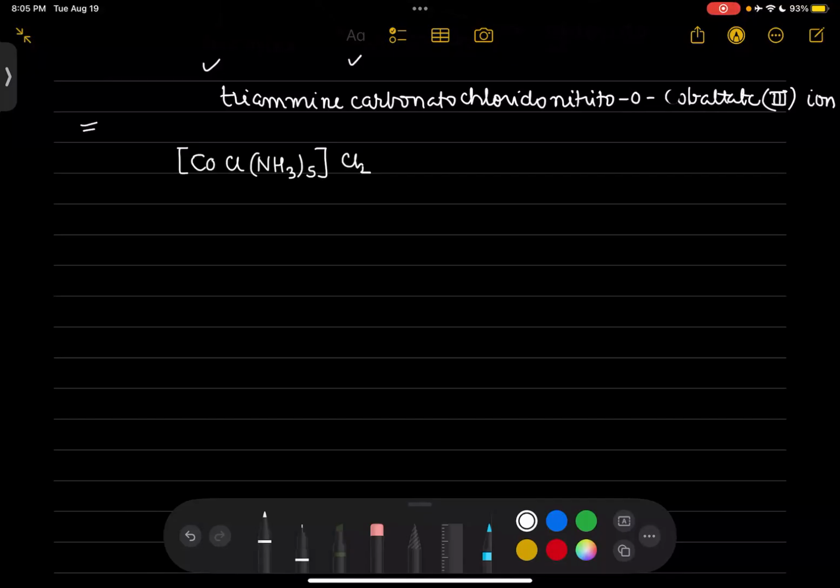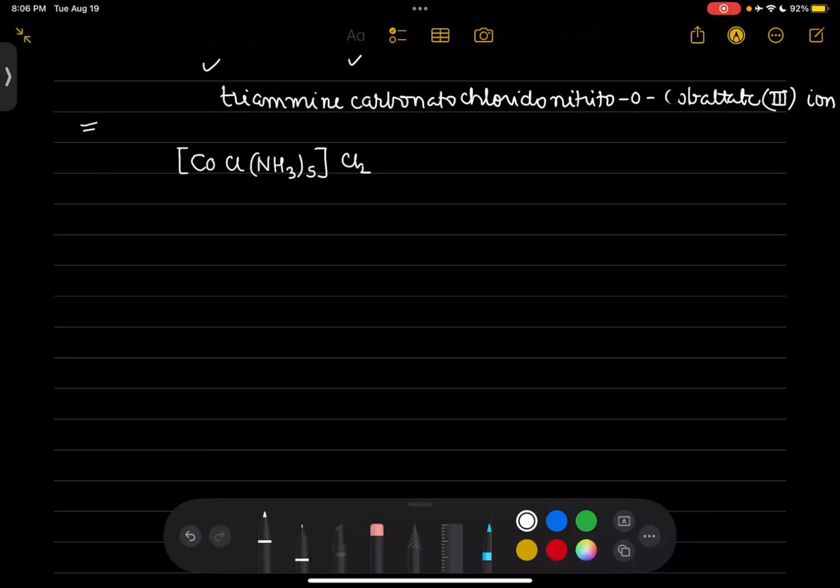So what is the name of this compound? We have to write the name of the cation, and then we have to write the anion. Okay.